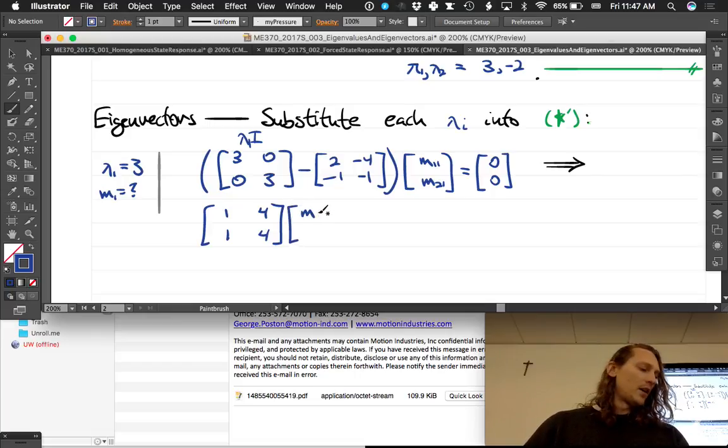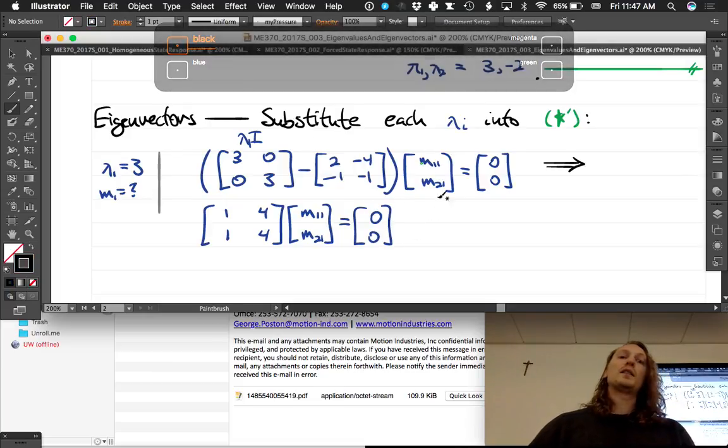So I don't know how many of you have been exposed to the idea of solving linear algebraic systems of equations using matrices. But if you have been exposed to that, you probably would recognize that this has an infinite number of solutions to it. And let's think about that.